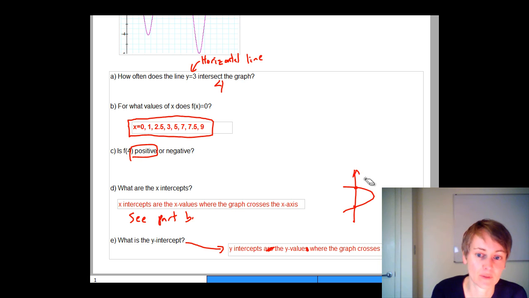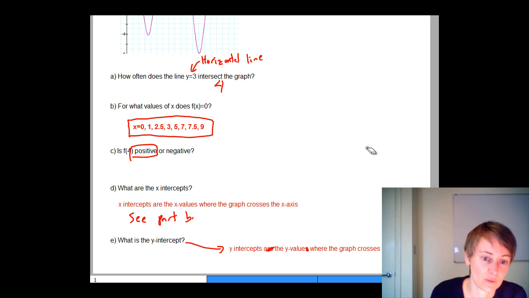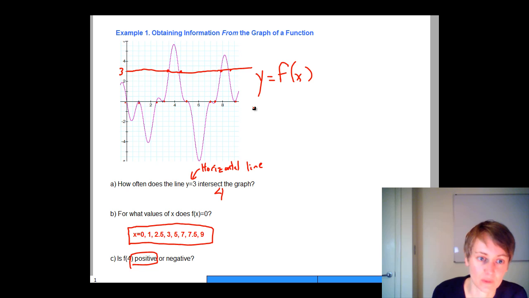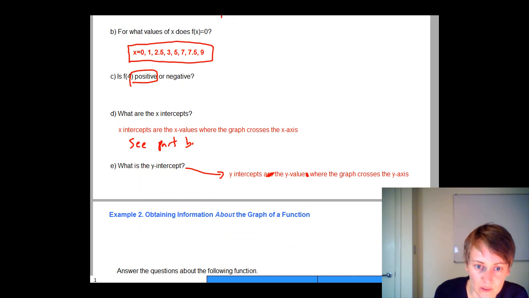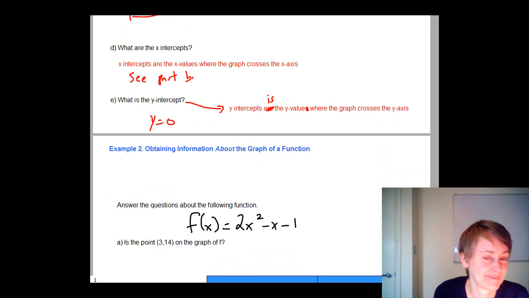So the y-intercept for a function, there's really going to be 1, if any. Okay? So let's see, when does the graph cross the y-axis? Well, it crosses it right there. This is the y-axis. It crosses at y equals 0. So the y-intercept is the y value where the graph crosses the y-axis, and that was at y equals 0 for ours.